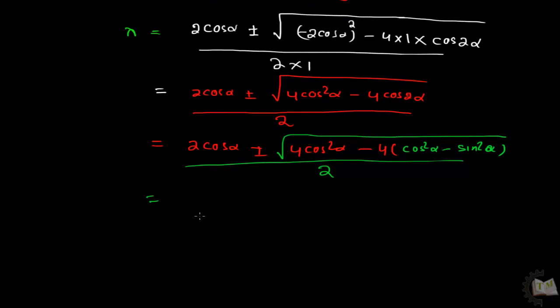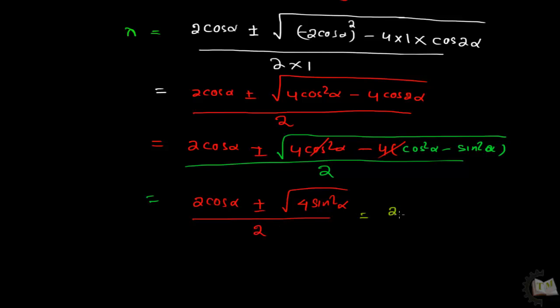and it will be 2 cos alpha plus or minus square root of 4 cos square alpha minus 4 cos square alpha, which cancels out, and minus into minus is plus 4 sin square alpha, divided by 2.